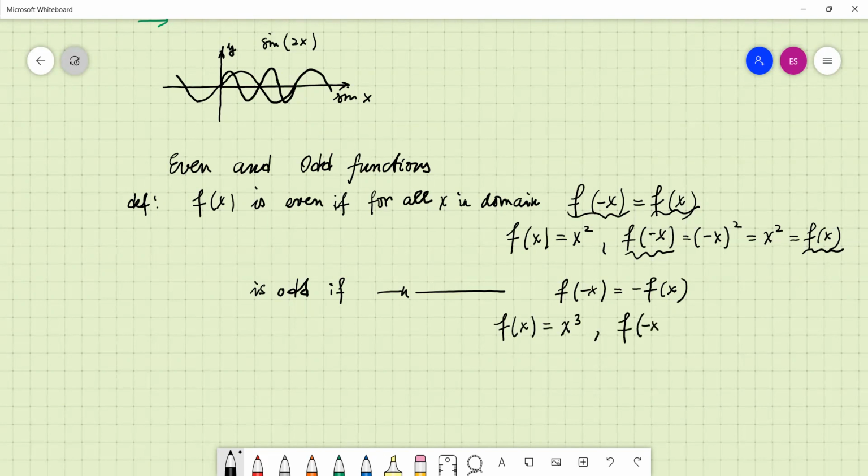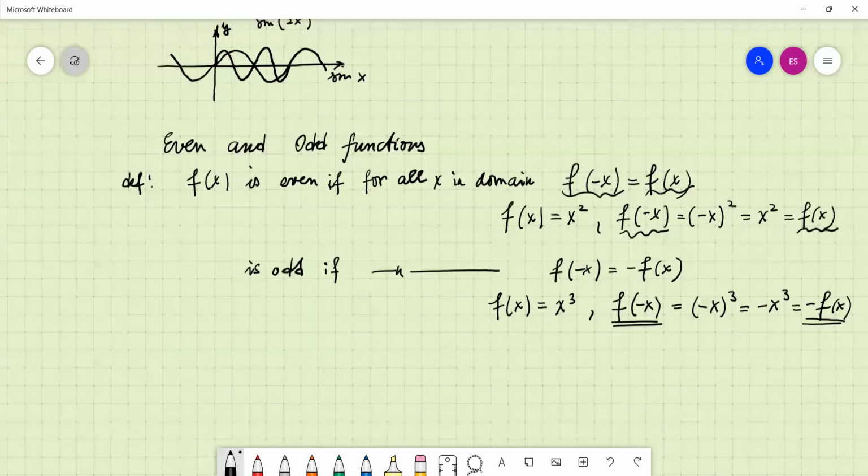If I calculate f of negative x, I'm going to have negative x cubed. If I cube a minus, it's still a minus, right? And I'm going to have minus x cubed, which is minus f of x. So if I change the sign of the argument, the function is going to change sign. Okay, so these are the definitions.